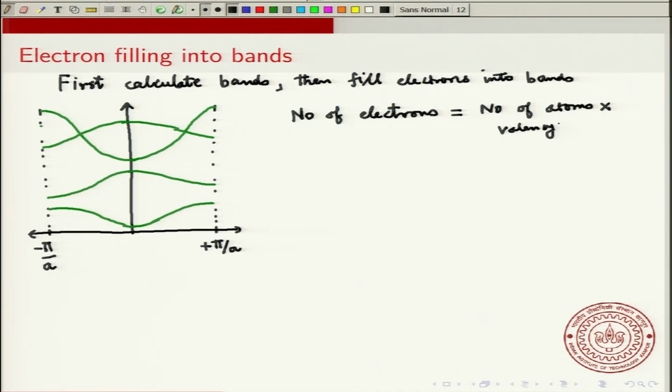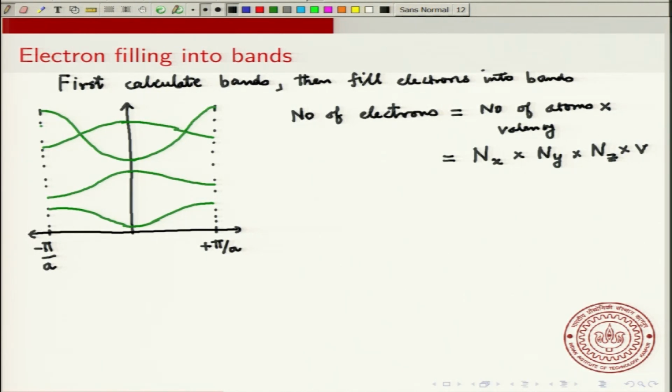And in the Born-von Karman boundary condition, we wrote the total number of atoms as Nx times Ny times Nz, times the valency. I will just say V for valency.